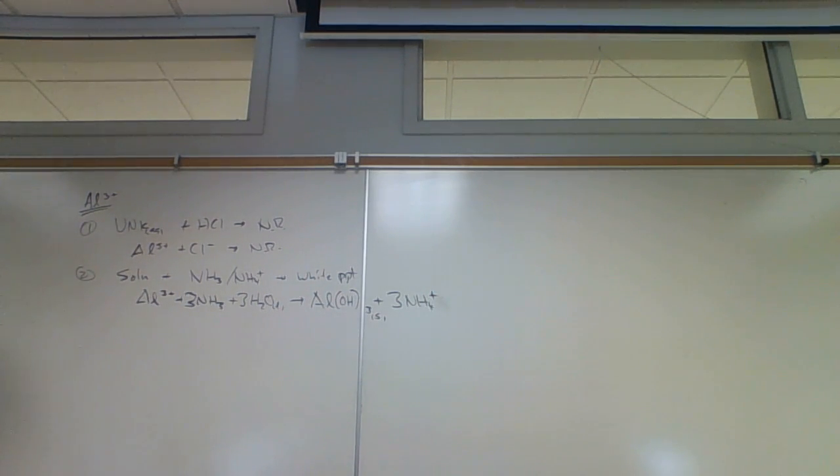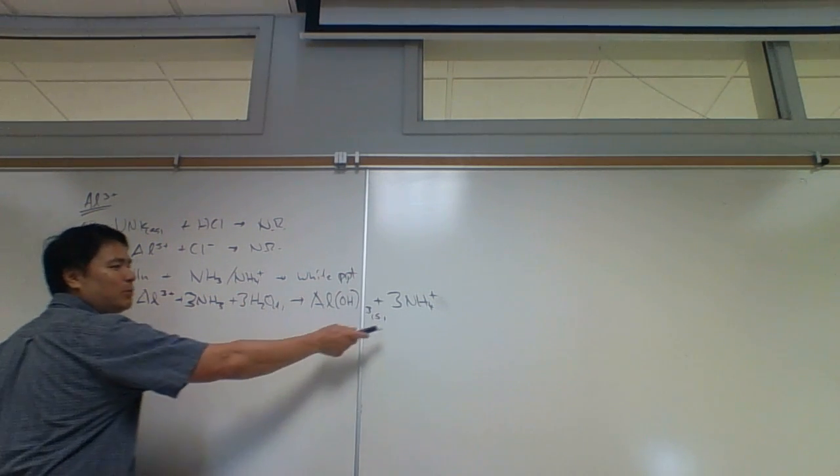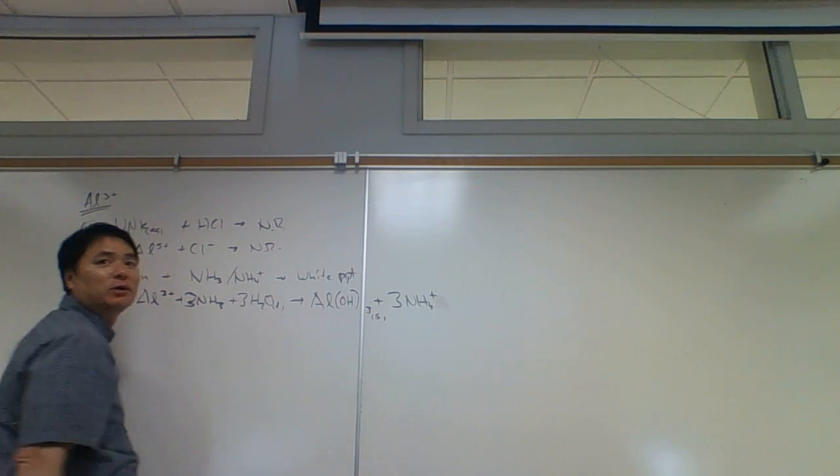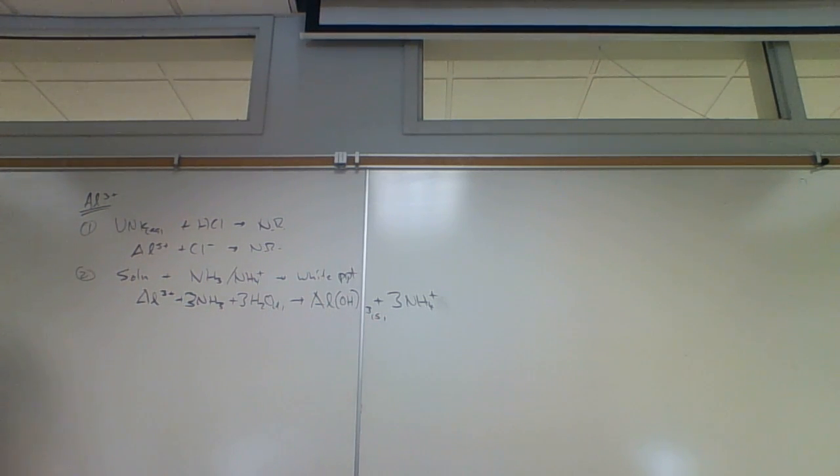This will be the net ionic equation here. The driving force for this is precipitation. And what kind of reaction is this? Metathesis. Why am I adding ammonium? Ammonium is a product. If I add ammonium, Le Chatelier says shift to the left. Tell me why I'm adding the ammonium.